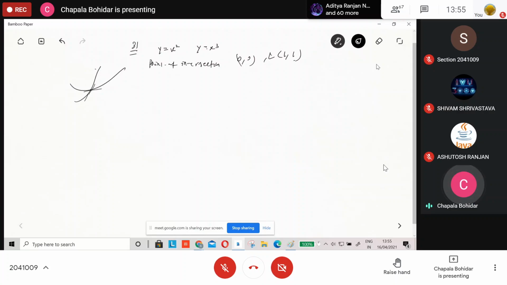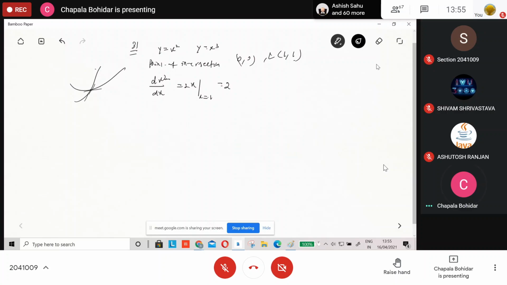Now we find the slope. To get the tangent, first you have to find the slope of each curve. d of x square by dx is equal to 2x. At the point 0 it is 0, at the point x equal to 1 it is 2.